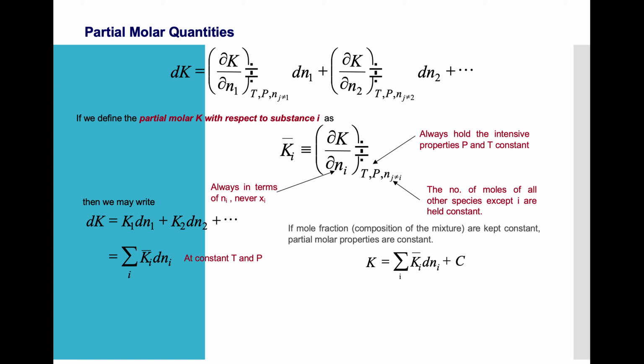Then we may write dK equals to K1 dn1 plus K2 dn2, or the summation of this at constant temperature and pressure. If the mole fractions, the composition of the mixture, are kept constant, partial molar properties are also constant by following these equations.